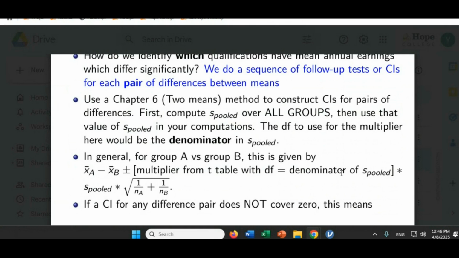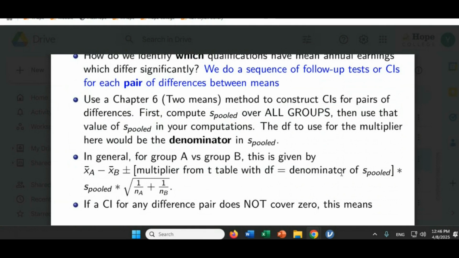Does this sit well with you? Because there are some professors who have actually, well, they didn't fight with me, but they disagreed with me. They said, since I'm comparing only A and B, I should derive an S pooled that's only based off information from A and B. I disagree. You know why?